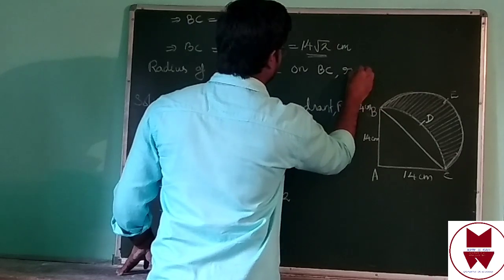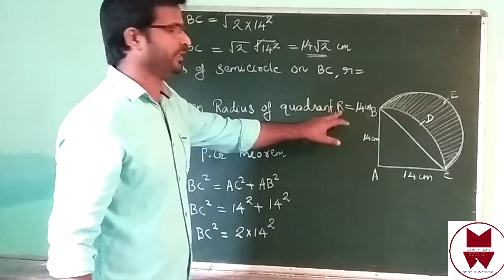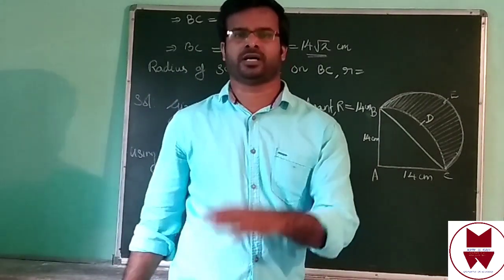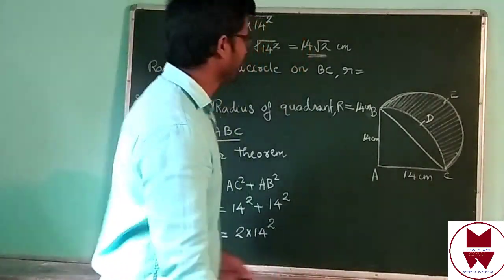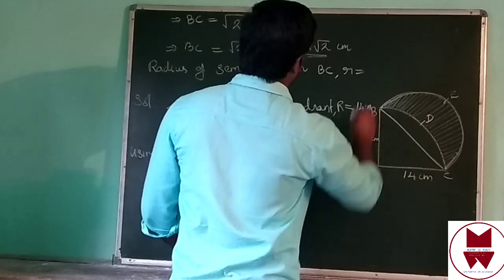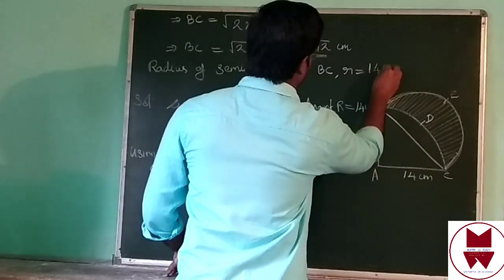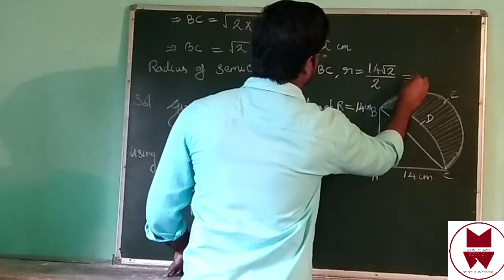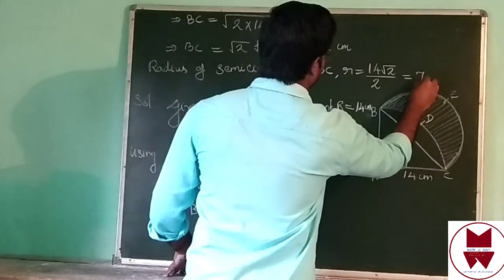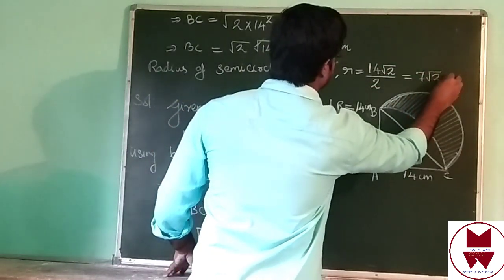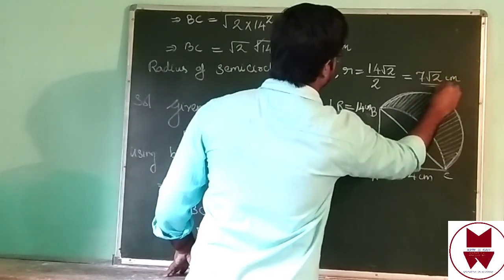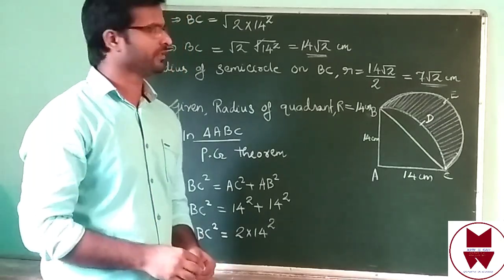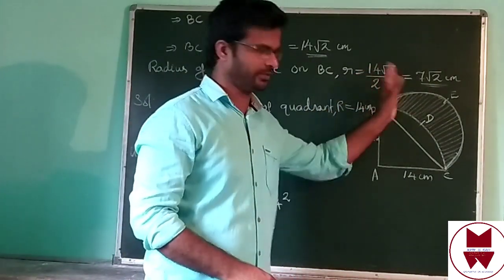You can take small letter r, as capital letter R is already used. Then small letter r is 14 root 2 divided by 2, 14 and 2 cancel, you will get 7 root 2 centimeter. Now the radius of the semicircle we got is 7 root 2.